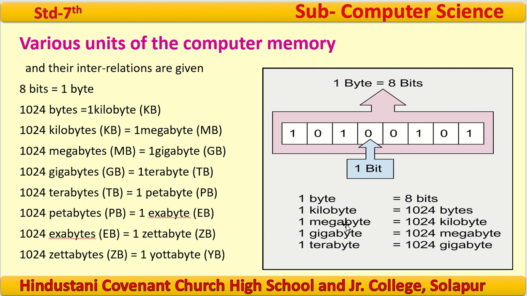Then we have 1024. If I have a collection of 1024 bytes, it will be calculated as 1 kilobyte. If I have 1024 kilobytes, it will be 1 megabyte. If I have 1024 megabytes, then I'll have 1 gigabyte. And if I have 1024 gigabytes, then comes the terabyte.